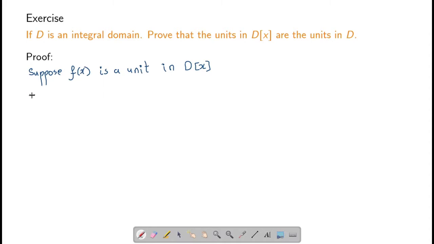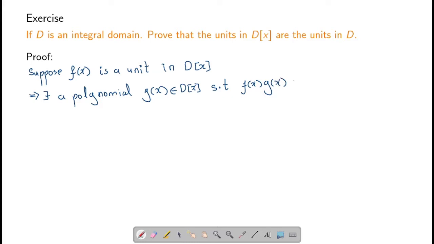This means that there exists a polynomial g(x) in D[x] such that f(x) times g(x) is the constant polynomial 1, because 1 is the multiplicative identity.